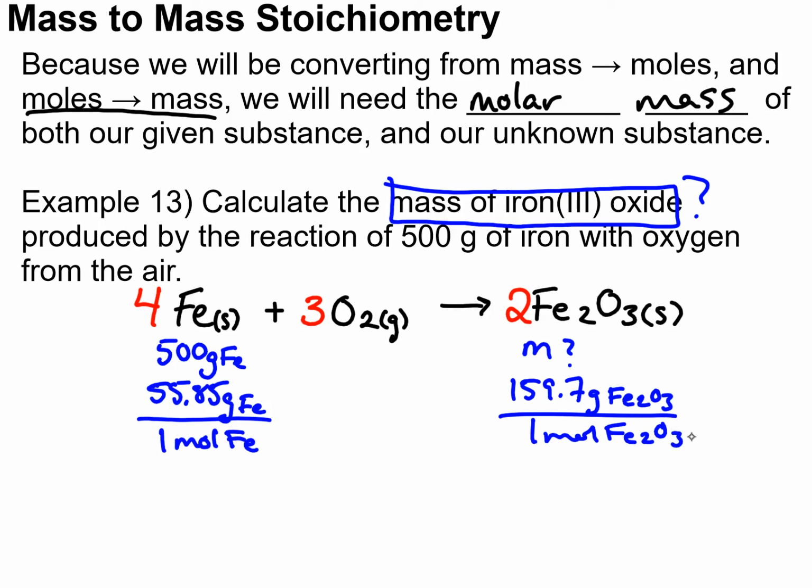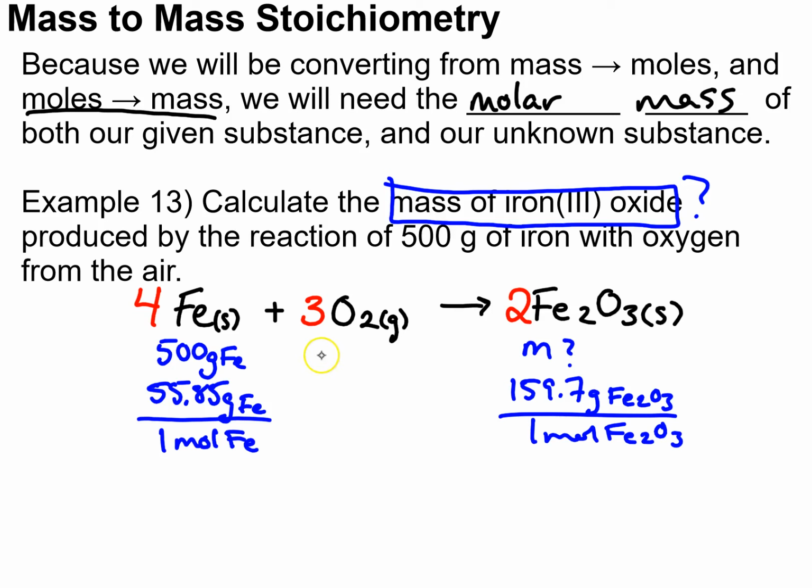Perfect. So let's think about this. We can go from grams of our iron to moles of our iron using the molar mass, but in order to convert from moles of one substance to moles of another substance, we have to have the molar ratio.